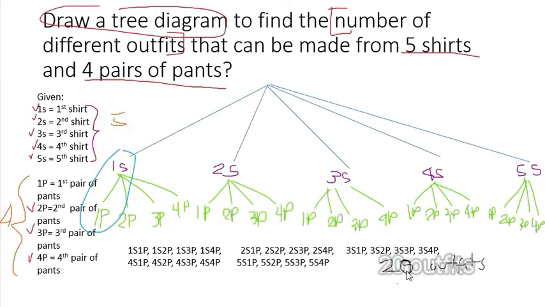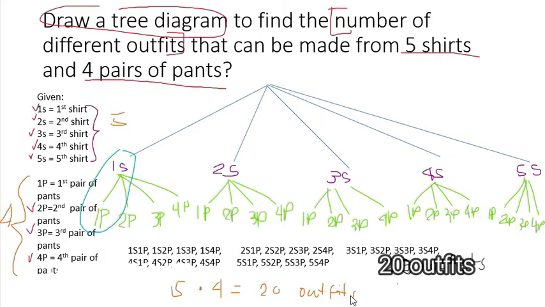Then 4 for the pants. 4, 8, 12, 16, and 20. So all we need to do is to just multiply them. 5 times 4 is equal to 20 outfits.